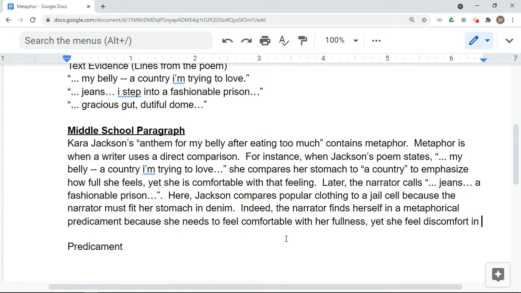So she feels discomfort, using the prefix dis. Indeed, the narrator finds herself in a metaphorical predicament because she needs to feel comfortable with her fullness. She must feel comfortable with her fullness because she wants to feel comfortable with her fullness.